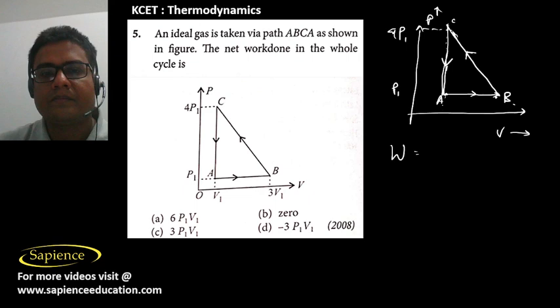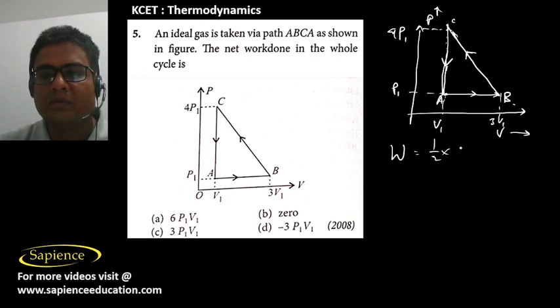Okay, so for this part we have to find the area of this triangle, but we have to take the negative of that. So this will be half base into height. This is V1, this is 3V1. This is P1, this is 4P1.